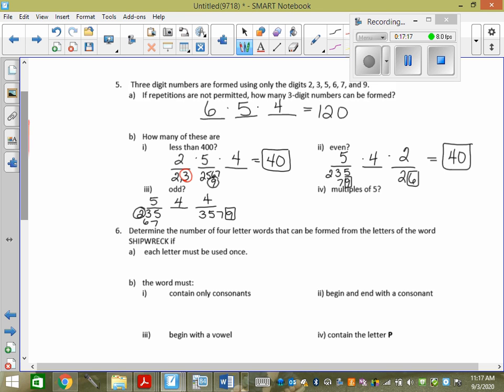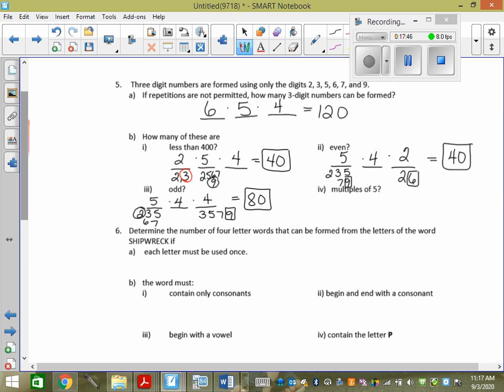Hold a 2, so I would have 4, which is 80, which makes sense, right? Because if the total of 3 digits, no matter what, can be formed as 120, if I take away all the evens, I would be left with the odds. So we could have gotten 80 just by having found that we had 40 evens, because they should add up to 120.